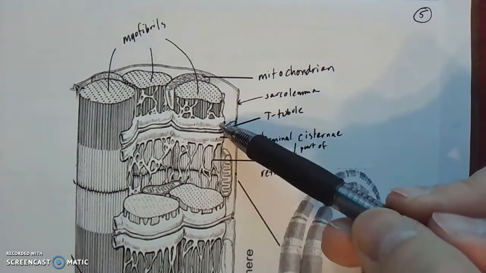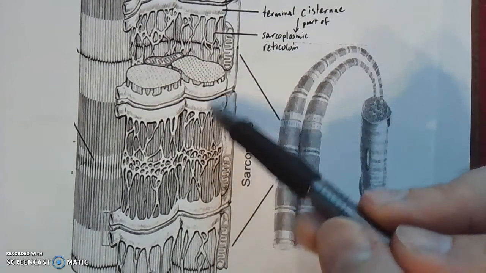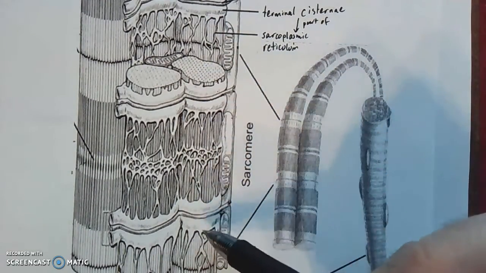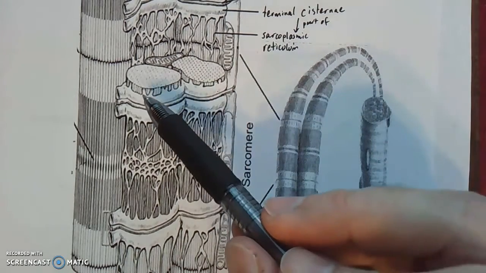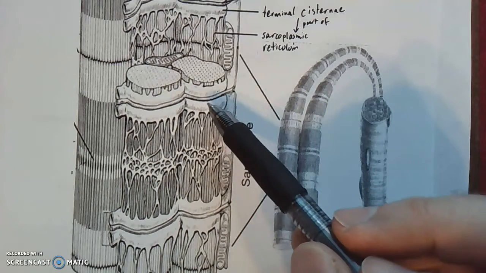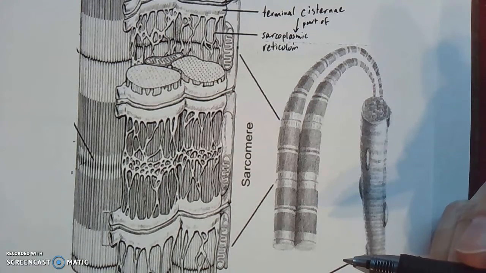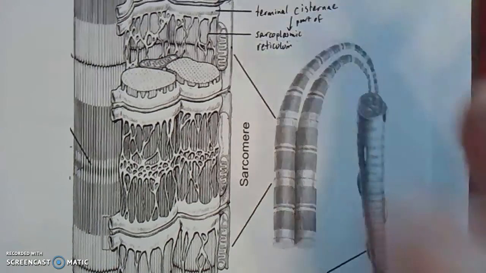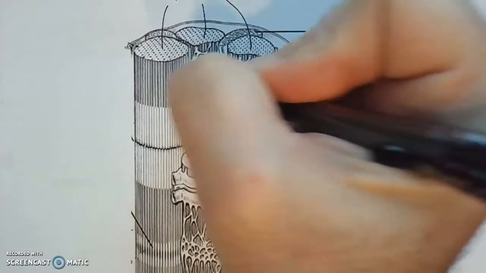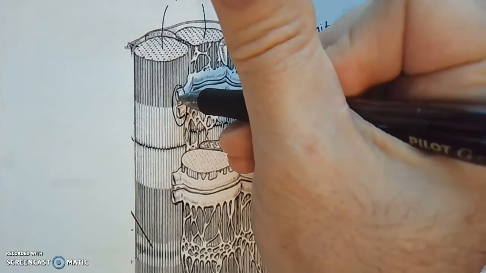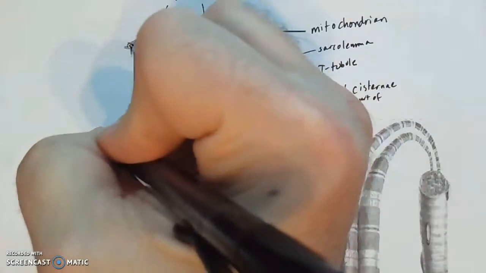So this is a specific part. This whole thing here, as it comes down, is all connected to one another, a net-like thing with these sacs that form around the T-tubule. Now, if we look over here at this area, you can see that we have this cistern here, and the T-tubule in the middle.